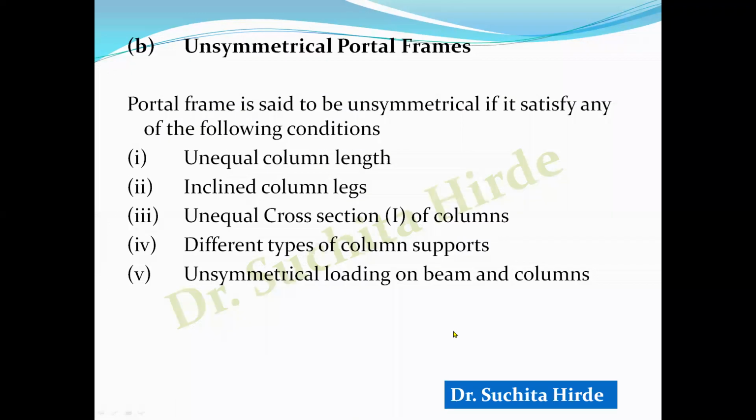Then we can also solve the unsymmetrical portal frame using Kani's method. We know that unsymmetrical portal frame means the frame in which column legs are not equal. There are inclined column legs, unequal cross section of columns, different types of column supports, and unsymmetrical loading on the beam or on the column. Then it is called an unsymmetrical portal frame.